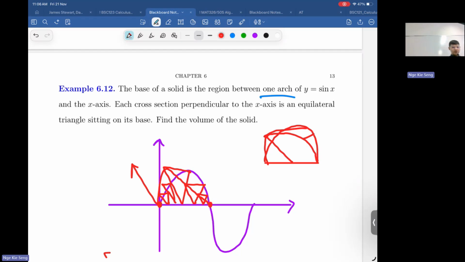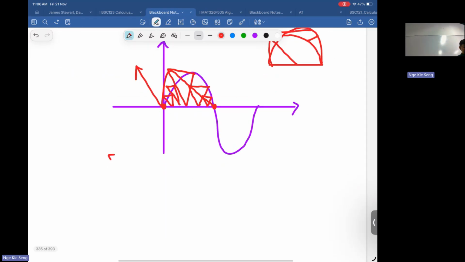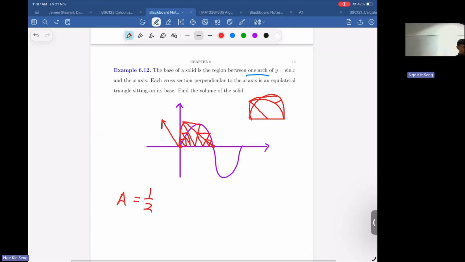So what's the cross-section area here then? The area is the triangle, so it's half times the base times the height. The base is sine x, but what is the height? This is an equilateral triangle, so your base is sine x and every side is sine x.